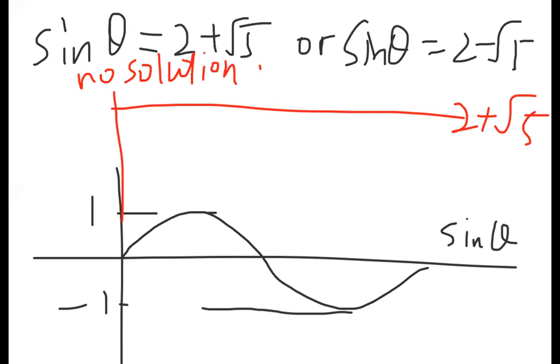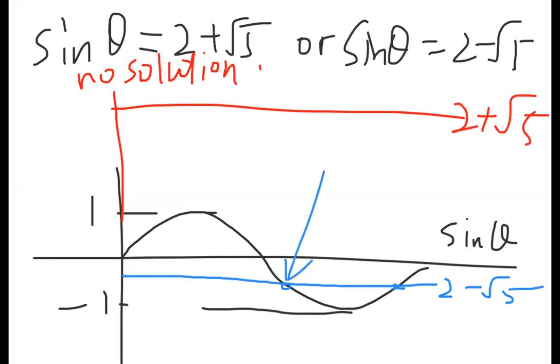Right, how about the other one? The 2 minus radical 5. 2 minus radical 5 would be negative something here. And as you can see, there are two intersections.